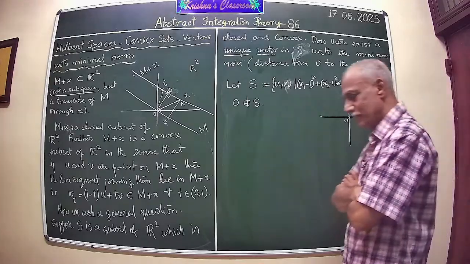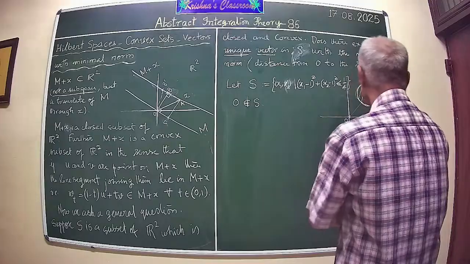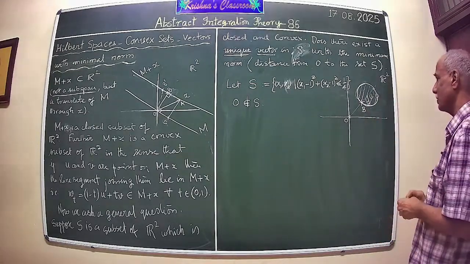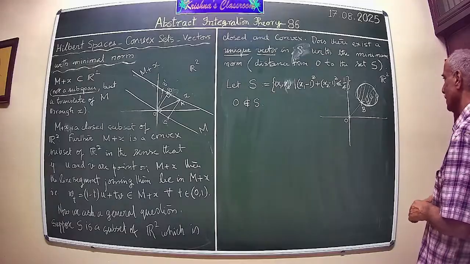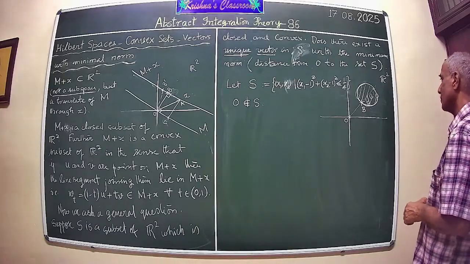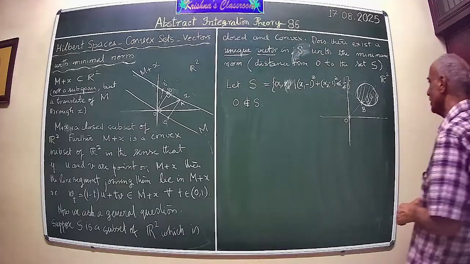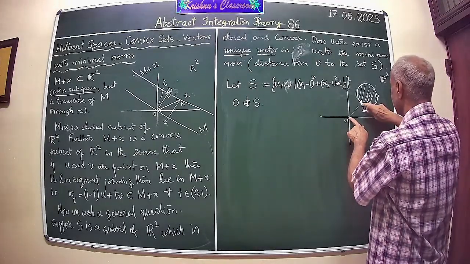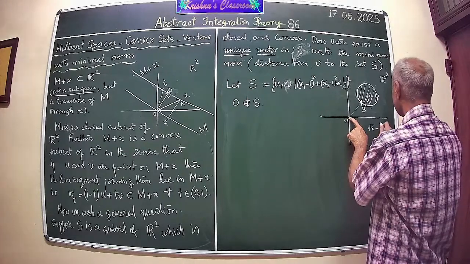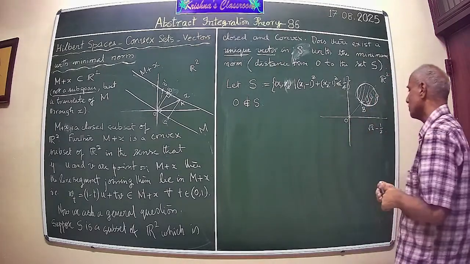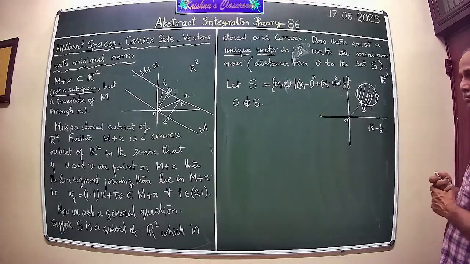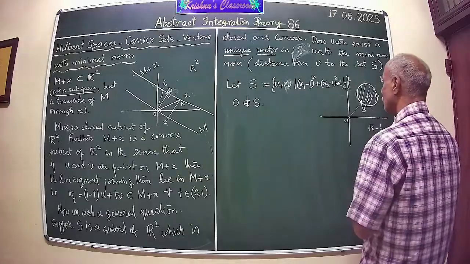Now you see which point has the minimum distance from O. It is actually this point. This lies on the line x1 equal to x2. So we have to find out the coordinates of that point. This distance is root 2 minus half.